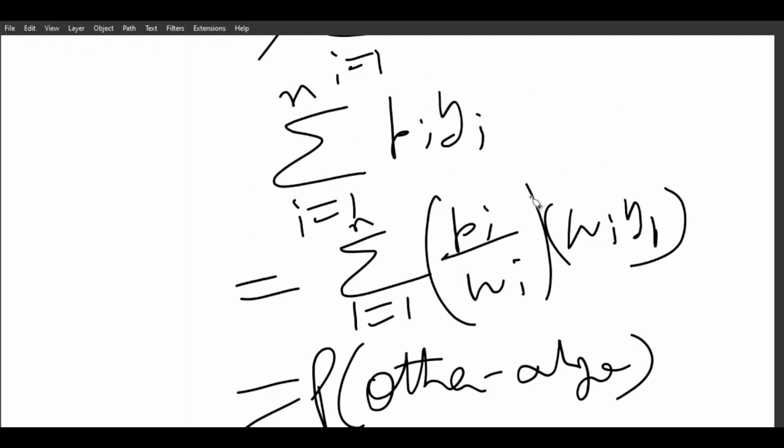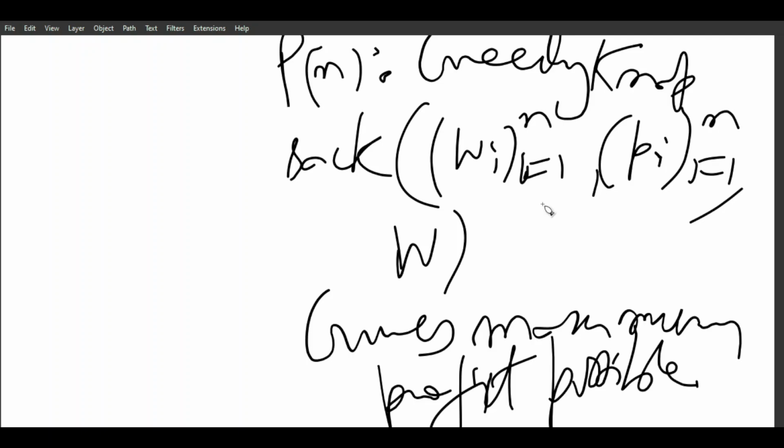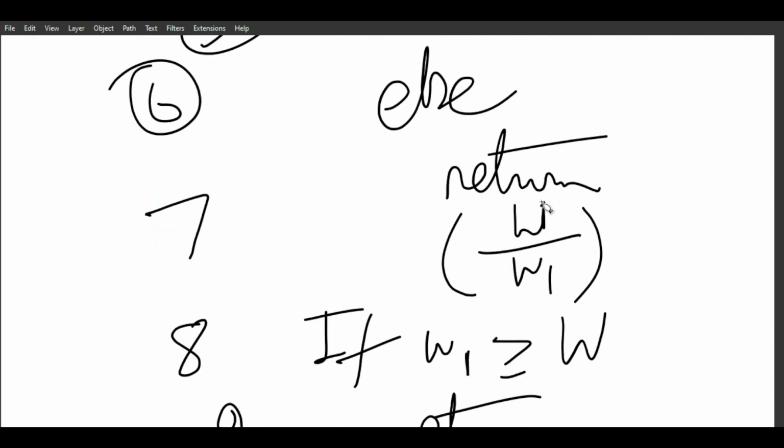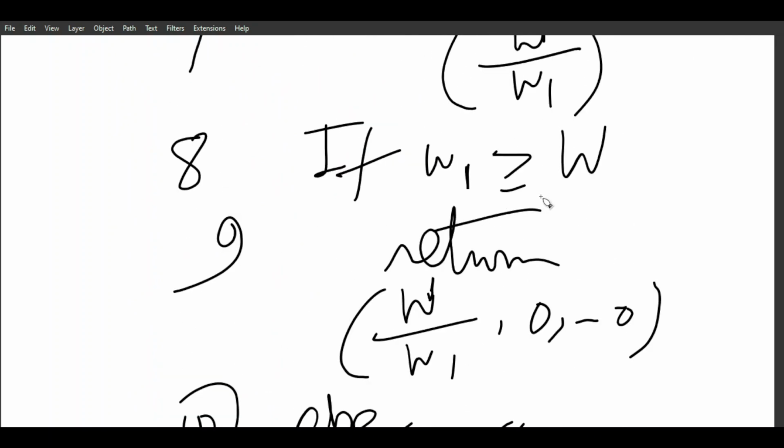So in this case, when n is greater than 1, suppose the first item itself fills the knapsack, then we return this solution, and you can easily see that this is the optimal solution, because if you use any other item, its profit will be reduced.